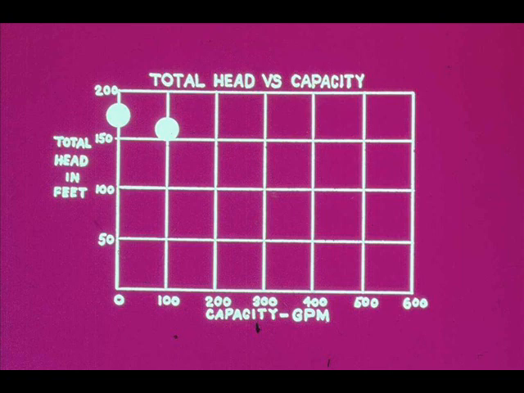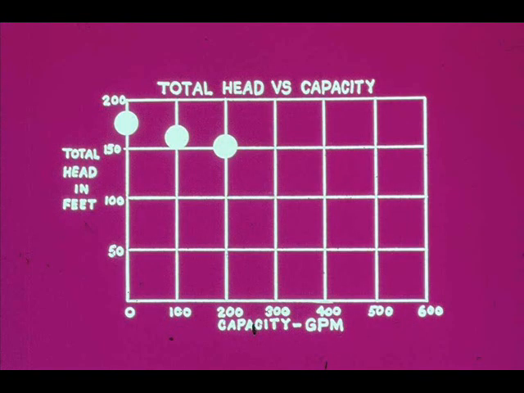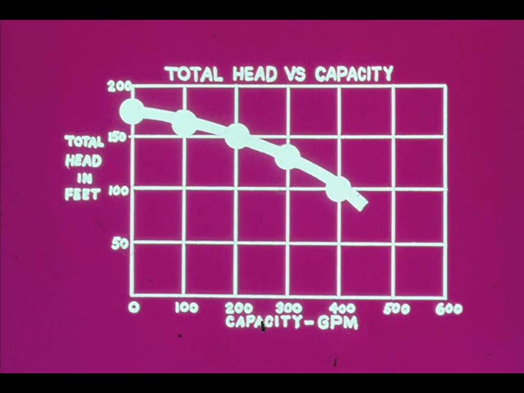These data are represented by this second dot. At 200 gallons per minute, the pump produces about 150 feet of total head. Now we have a third dot. If we continue to mark additional points and then connect them with a line, it will look like this.